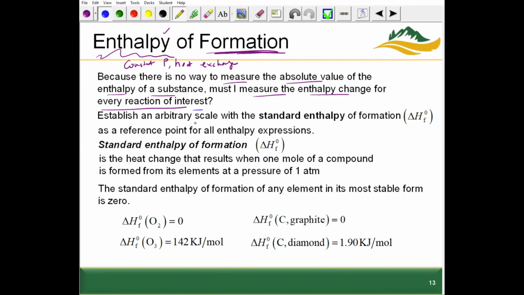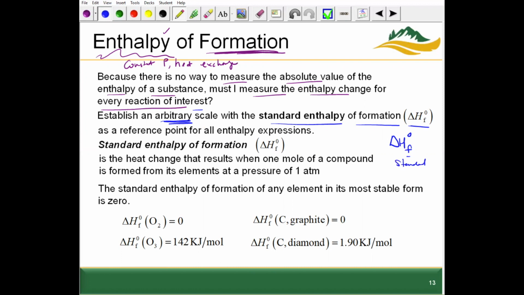So instead, we can establish an arbitrary scale with the standard enthalpy of formation. We denote the standard enthalpy of formation as delta H, so that's our enthalpy change, f down here as a subscript for formation, then this 0 here as a superscript, that usually just means standard.